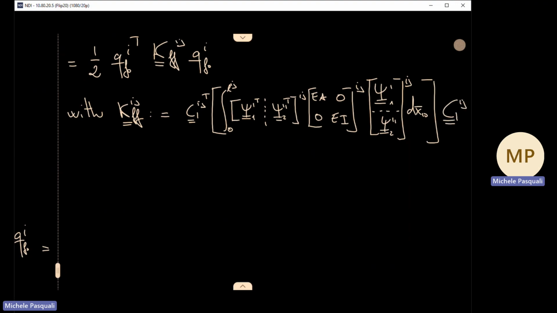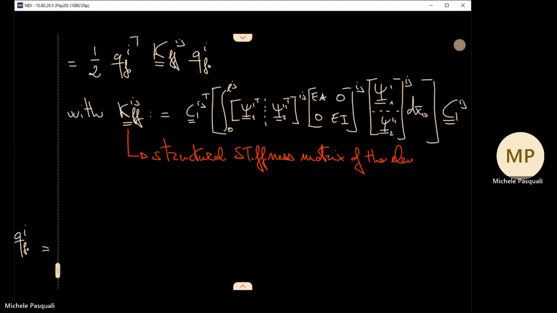Okay, and this is the structural stiffness matrix of the element. So you see here we have everything, no?